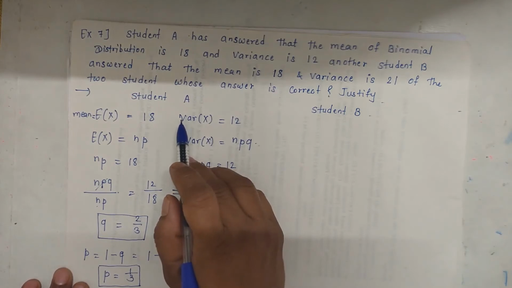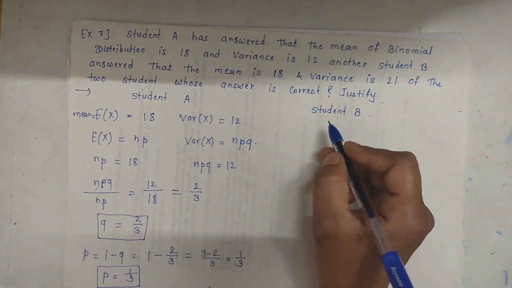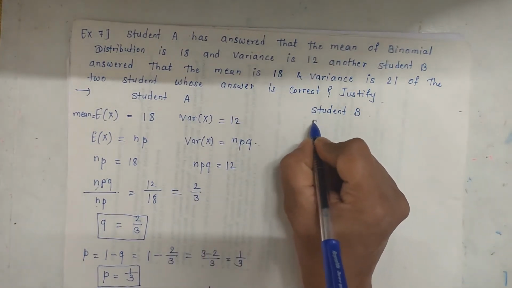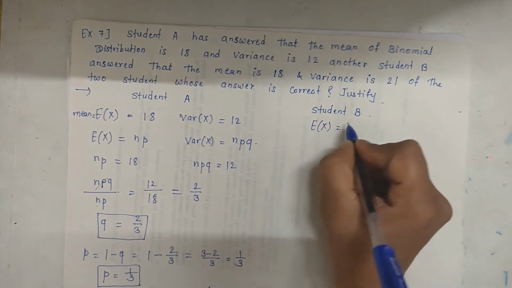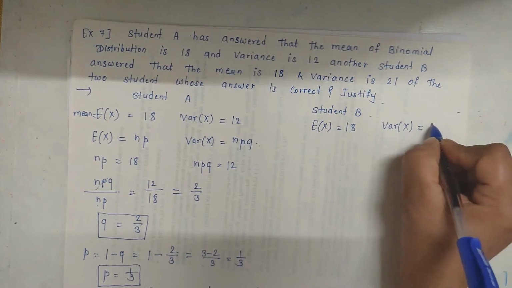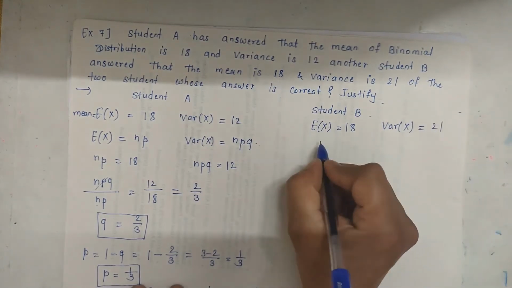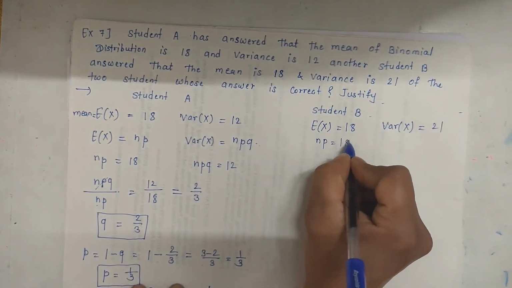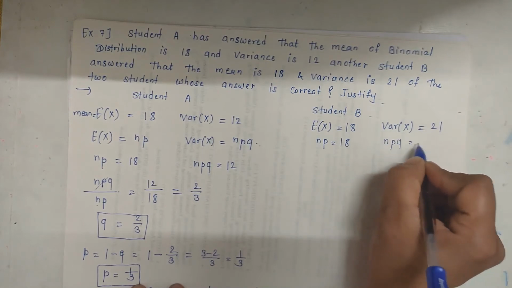the student A. Now for the student B, mean E of x is given 18 and variance of x is given 21. So np is equal to 18 and npq is equal to 21.